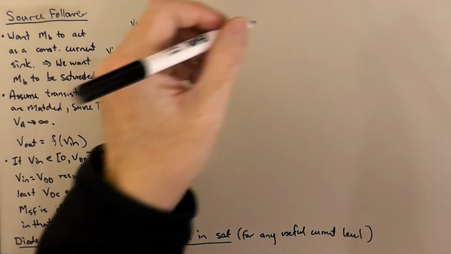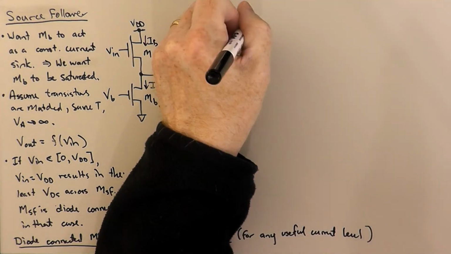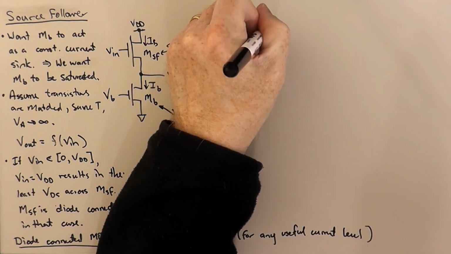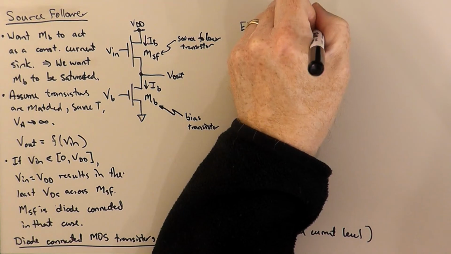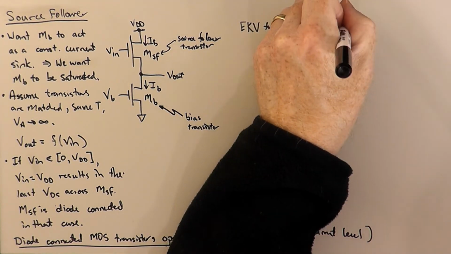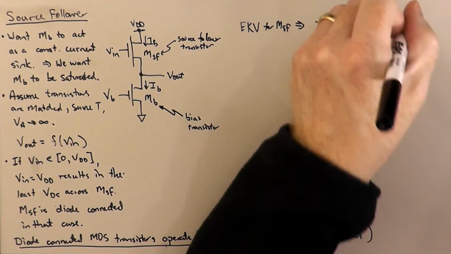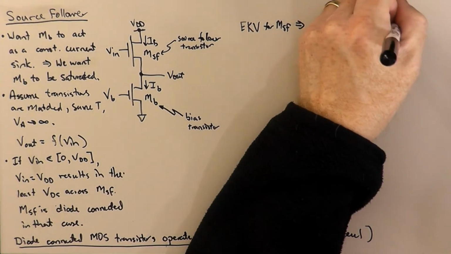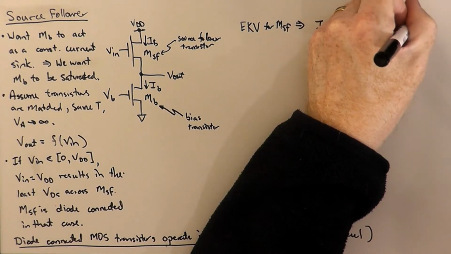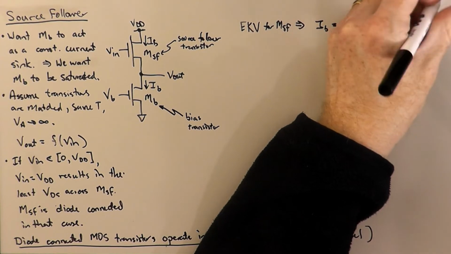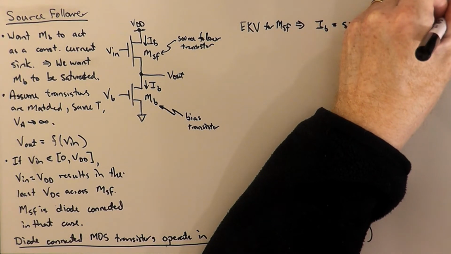And so we're going to assume the EKV model, which means that for MSF, that implies that the bias current IB is equal to SIS log squared of 1 plus e to the kappa, and here we have VG, which is Vin, minus VT0, minus, well, VS is Vout, over 2UT.